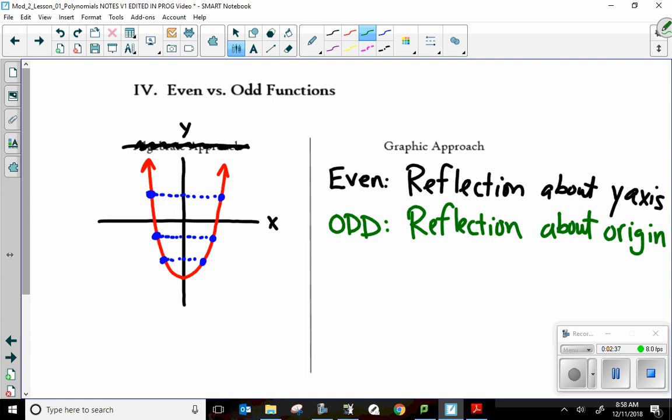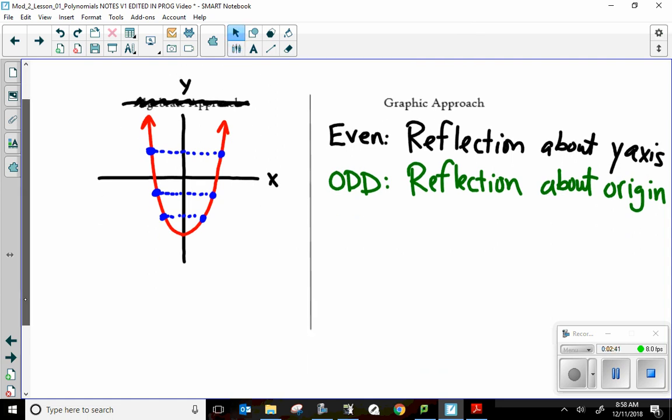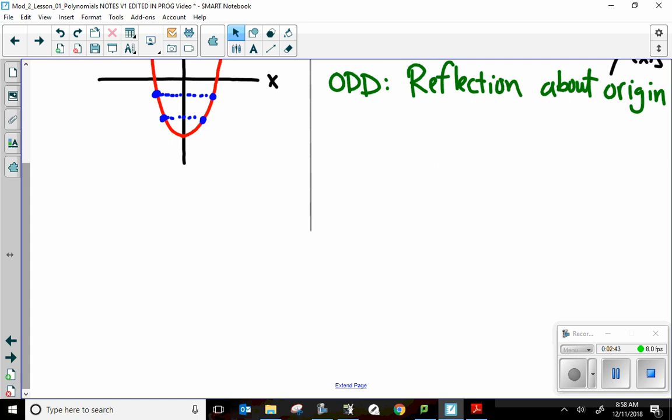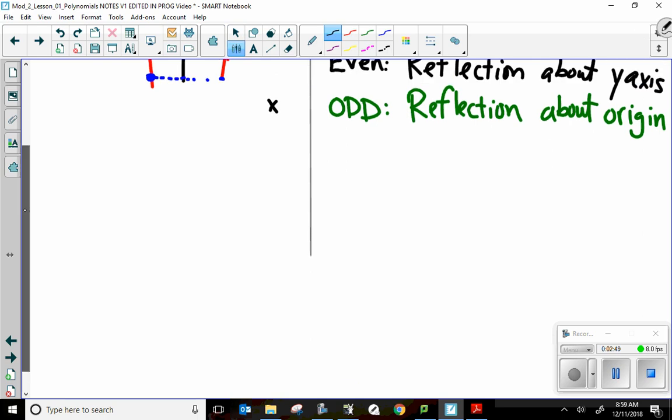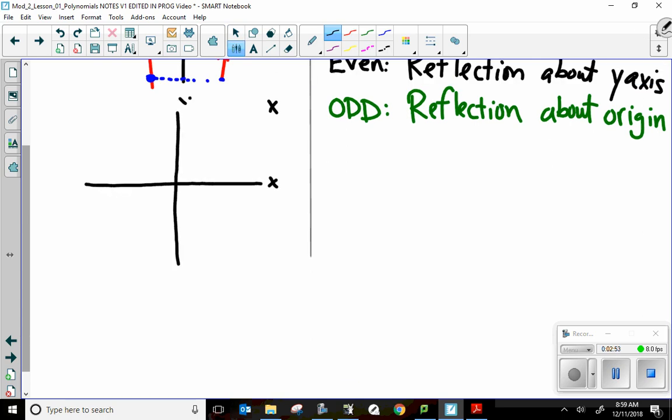All right. Now, let me give you an example of this right here. Odd. Let's erase some of this so we've got some space. Here's my x-axis. Here's my y-axis. Something that looks like this. Up, across, up. All right, that's an odd function because it's reflected about the origin.